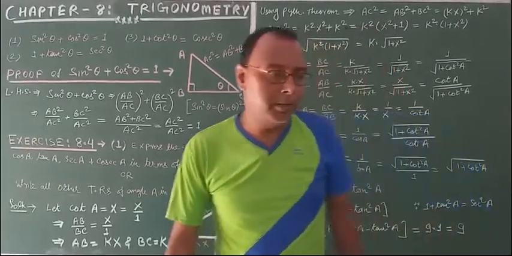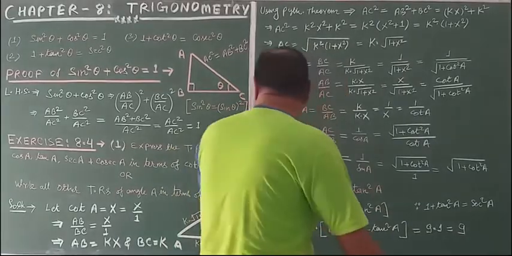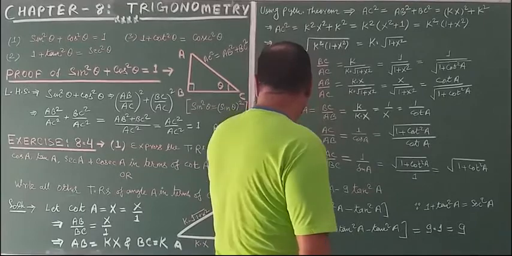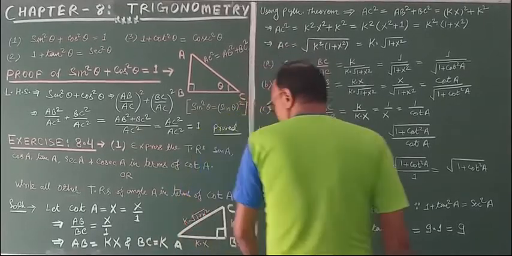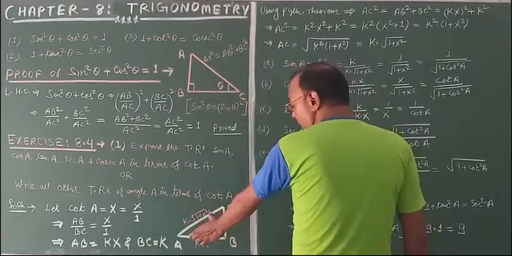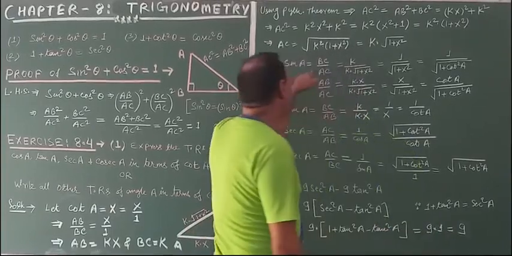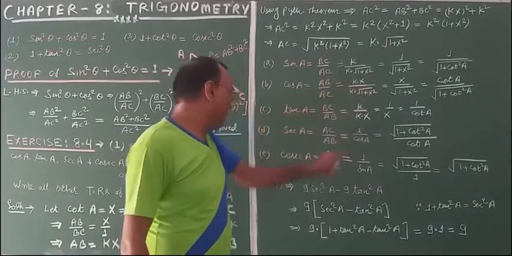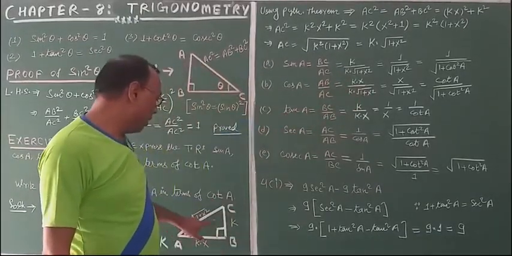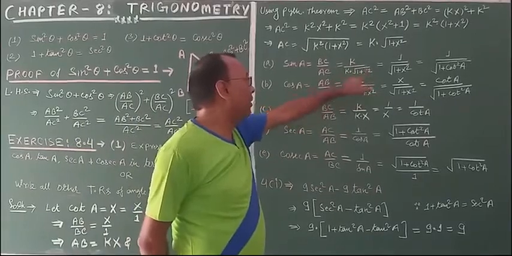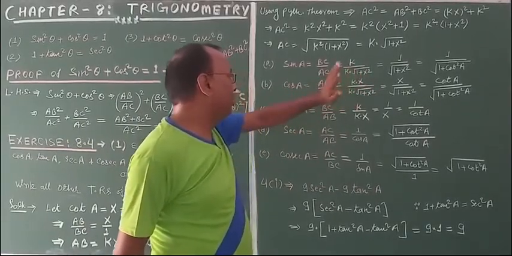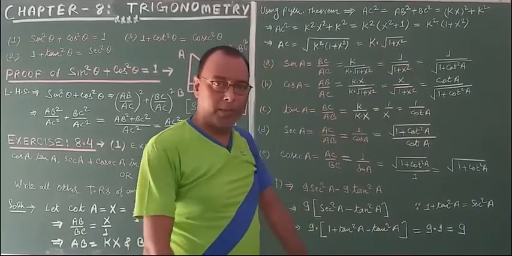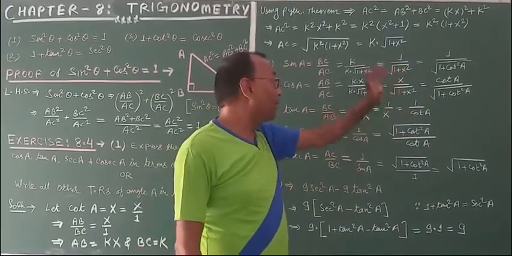Now we have to find the trigonometric ratios. Sin A is perpendicular upon hypotenuse, that is BC upon AC. What is the value of BC? That is k, and hypotenuse is k into under root 1 plus x square. This k and k cancel, and you will be left with 1 upon under root 1 plus x square.